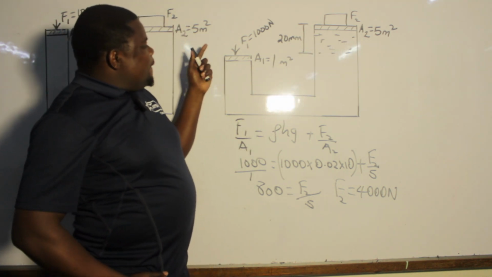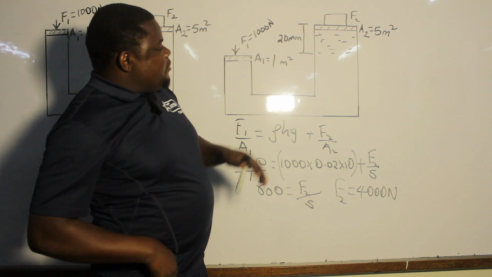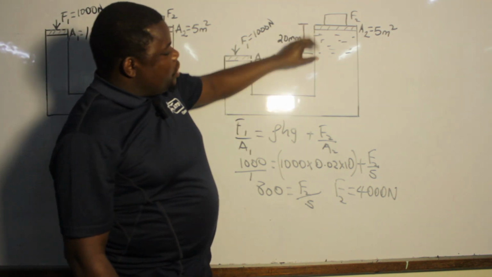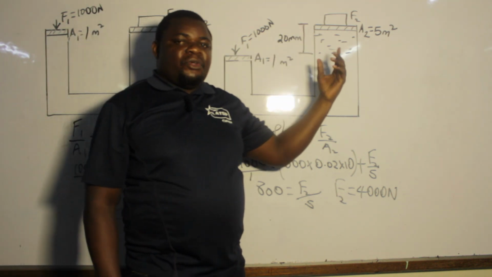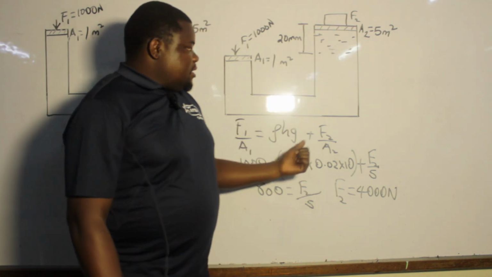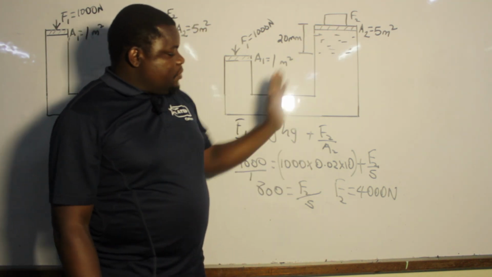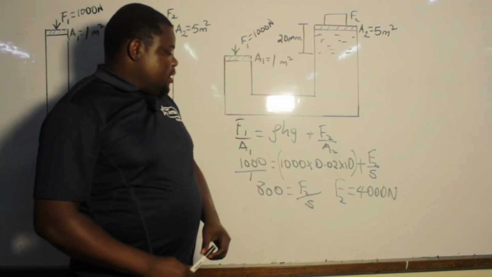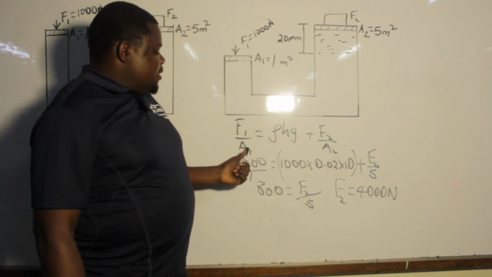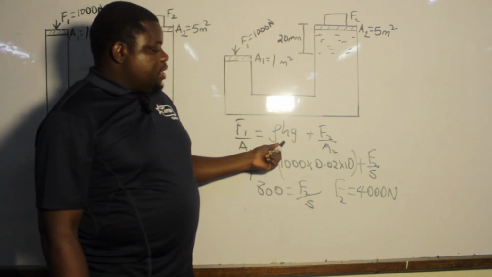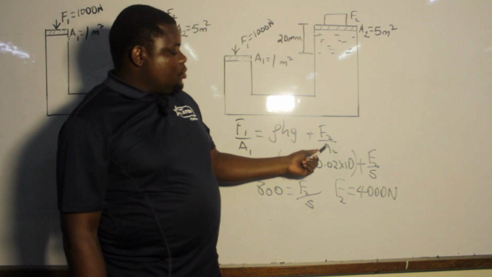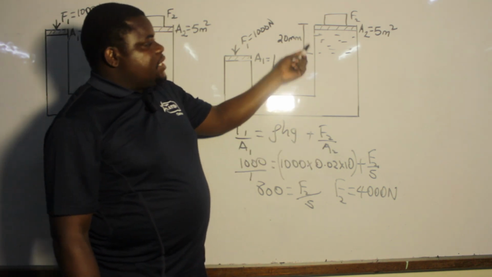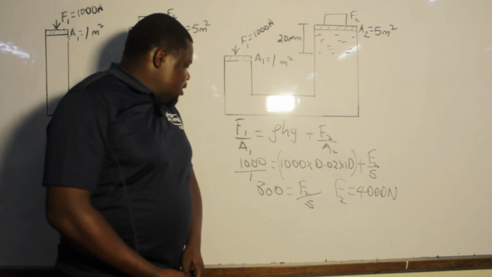The difference is that we have an extra liquid here which also participates in reproducing force 2, in the sense that on the right hand side we have to add pressure produced due to that liquid. So F1 over A1 equals pressure due to the liquid plus F2 over A2. You must add pressure due to the liquid.